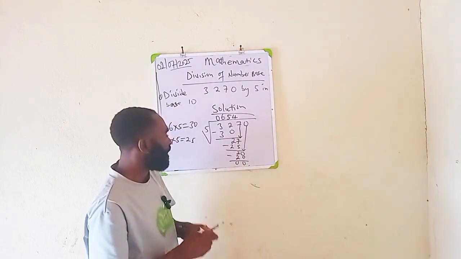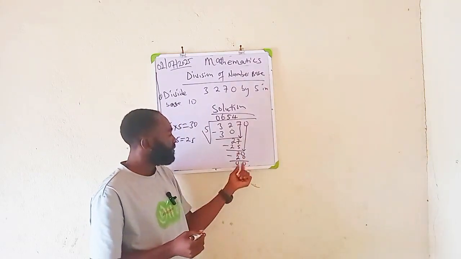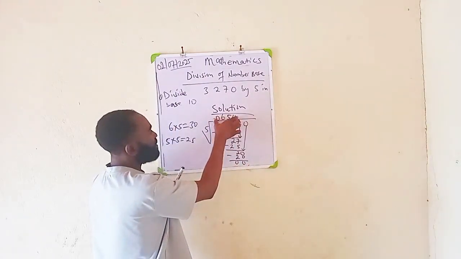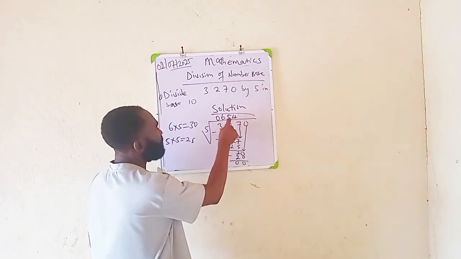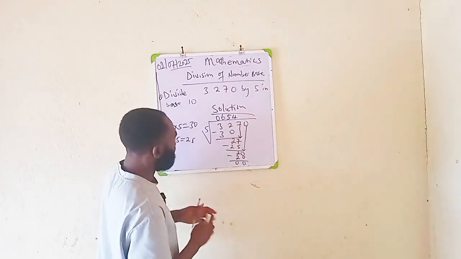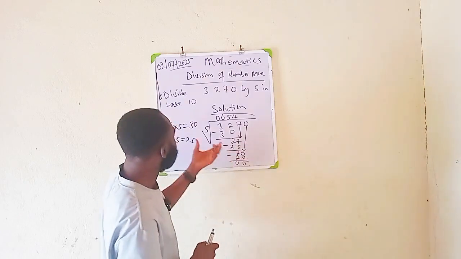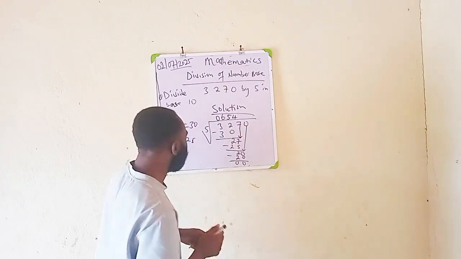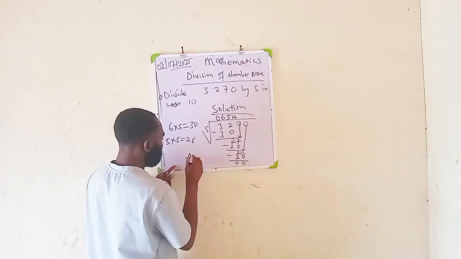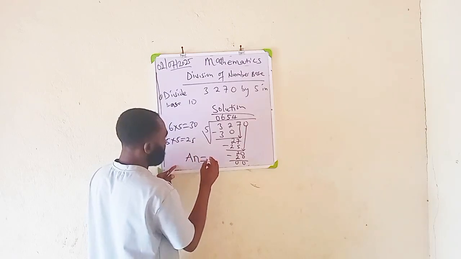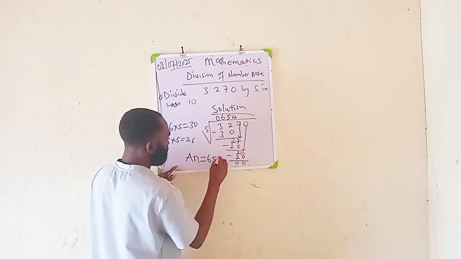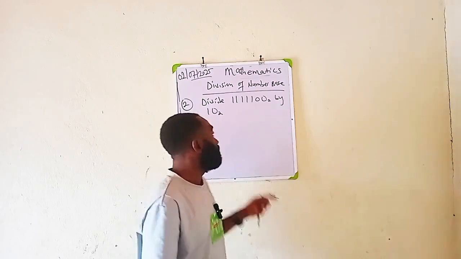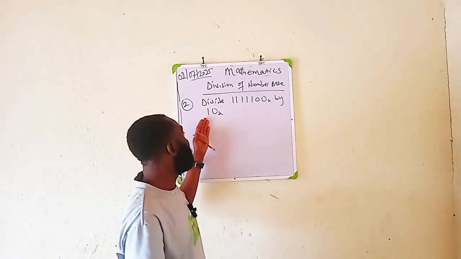So we arrive at 0, which means the remainder is 0, while the quotient is 654. So our answer is 654 in base 10.